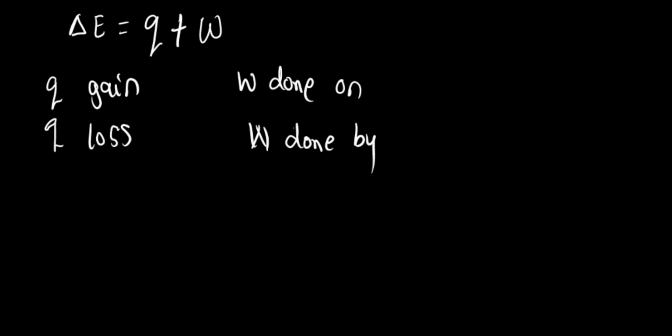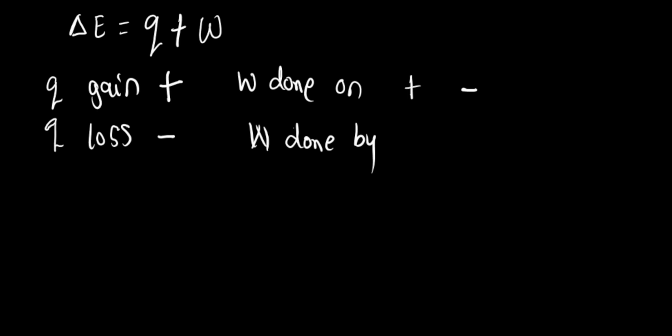Now, as we would go on to see, different texts have different sign conventions for work. But for heat energy, usually a heat gain would have the positive sign and a heat loss would have the negative sign. However, some texts would have work done as positive and some texts would have work done as negative.